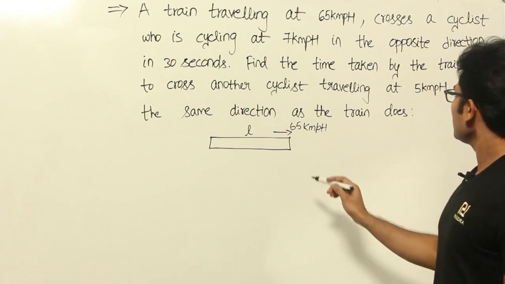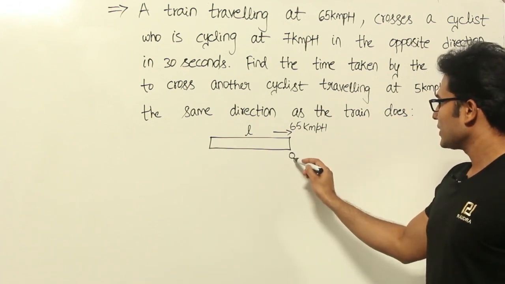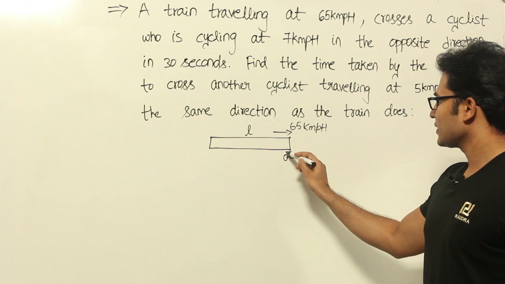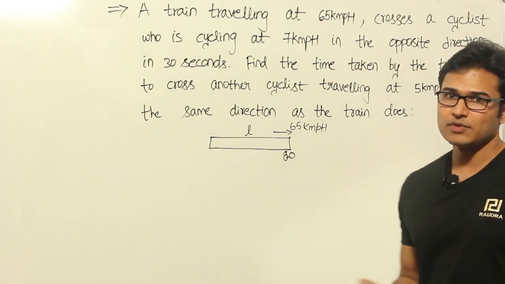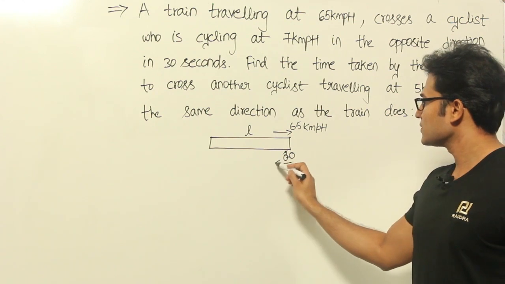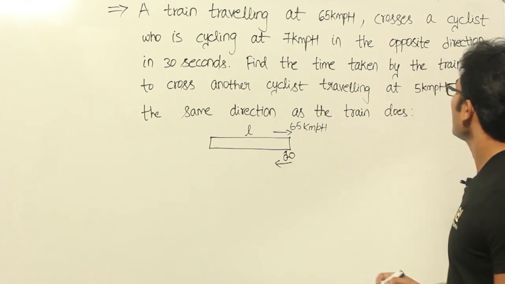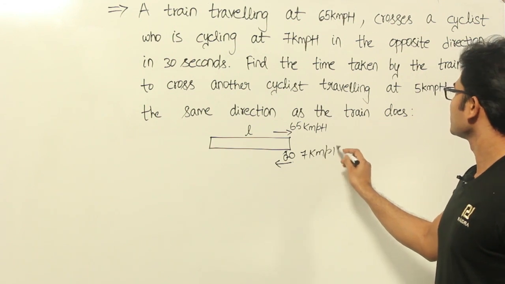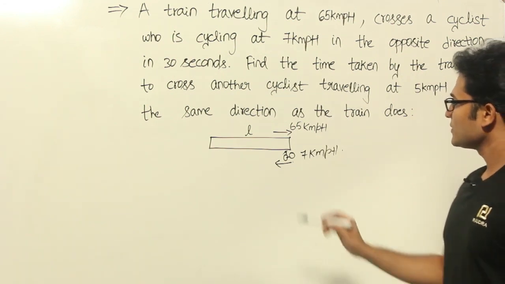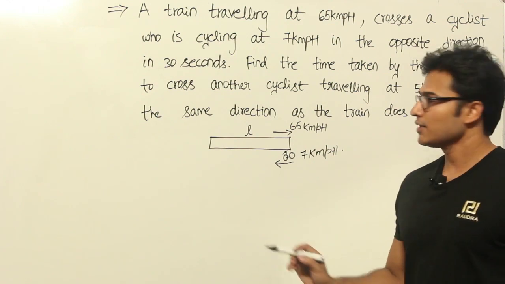And then there is a cyclist who is cycling in the opposite direction exactly at the beginning. Since nothing is given, you can assume that there is no gap between them. And the speed of the cyclist is 7 kilometers per hour, right?